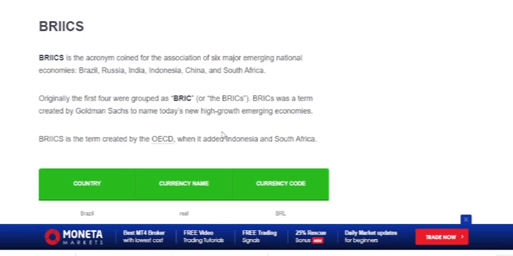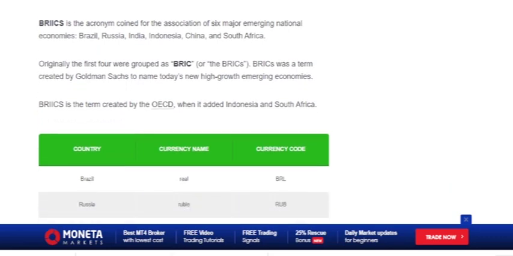BRIC was a term created by Goldman Sachs to name today's new high-growth emerging economies. BRICS is the term created by the OECD when it added Indonesia and South Africa.